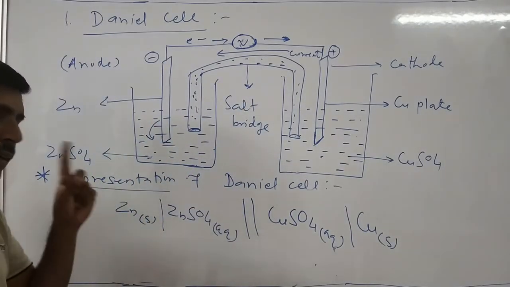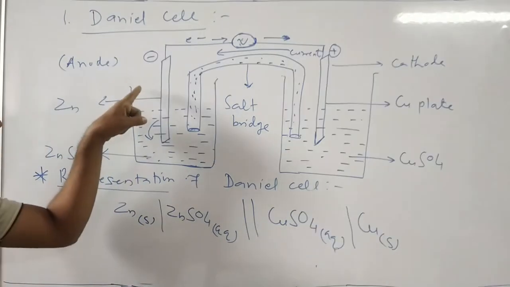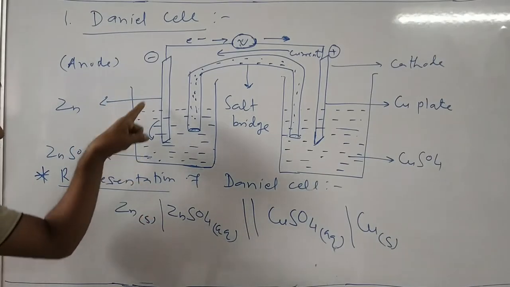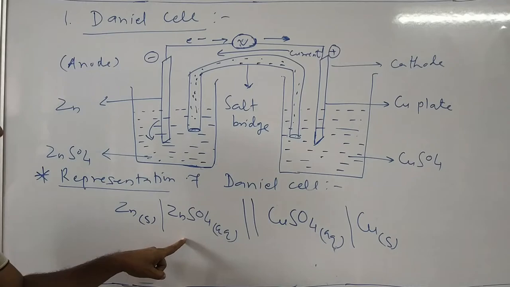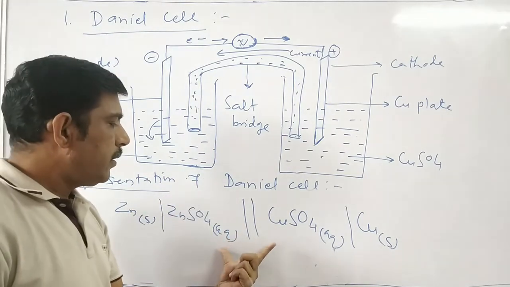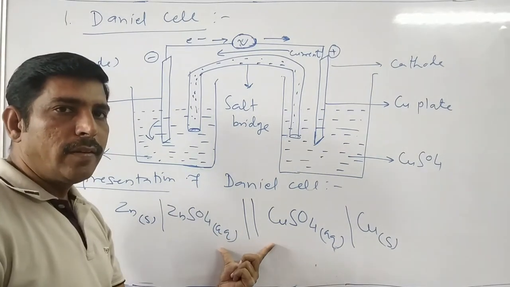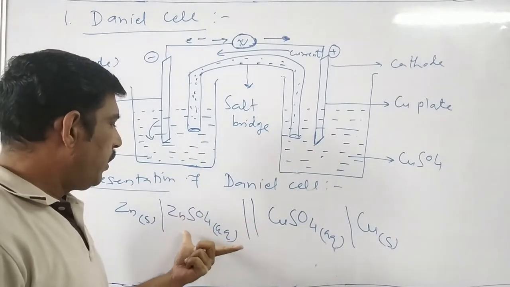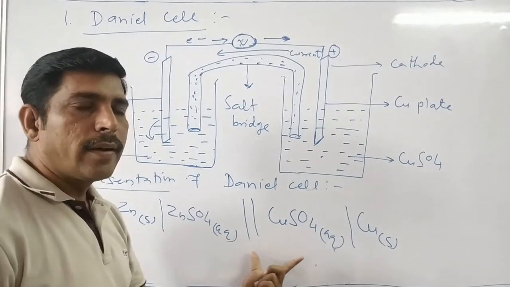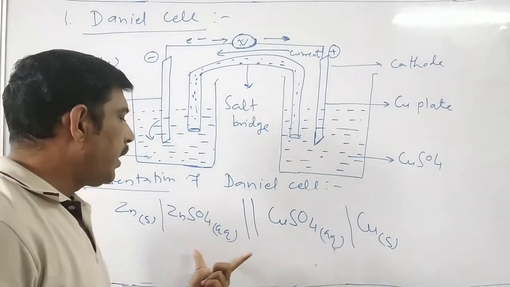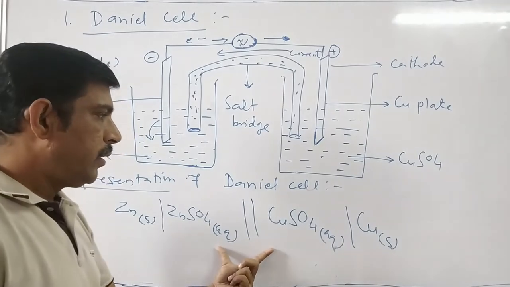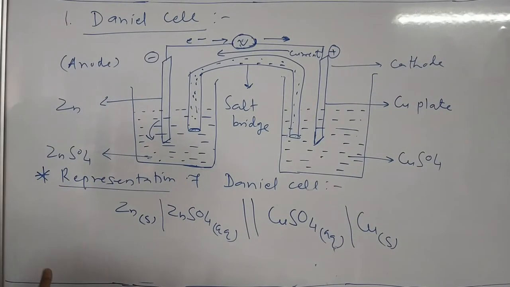A single vertical line means the zinc rod, the electrode, is in the electrolytic solution. A double vertical line shows the separation between the two different electrolytic materials, the conducting solutions.